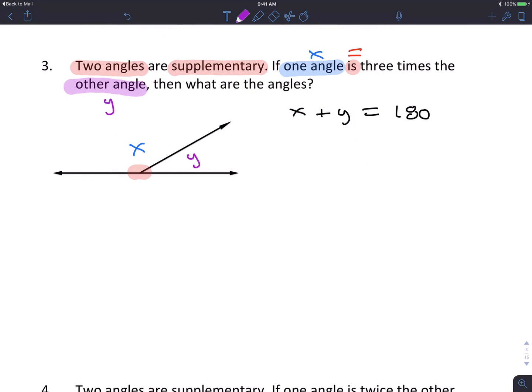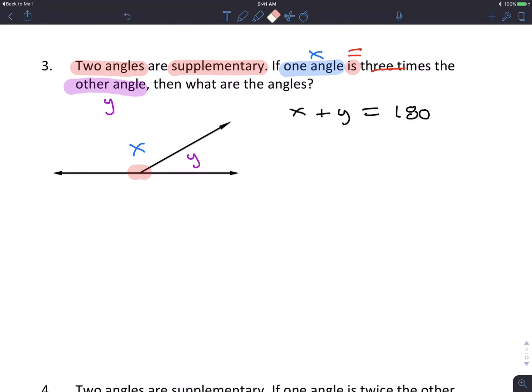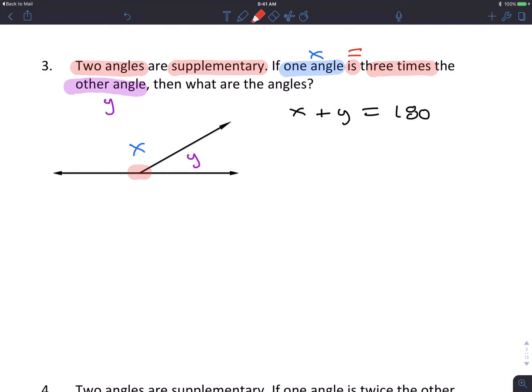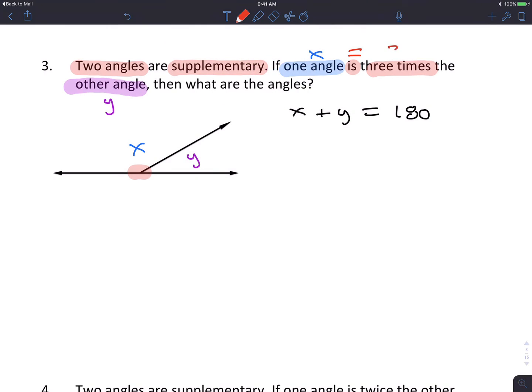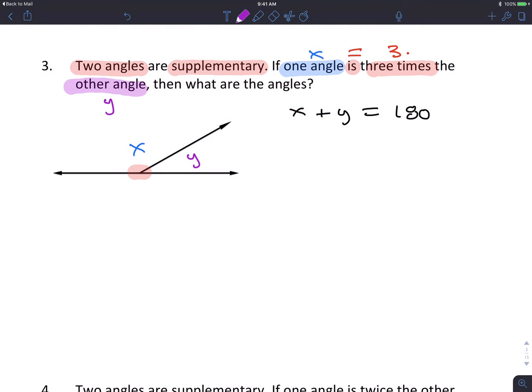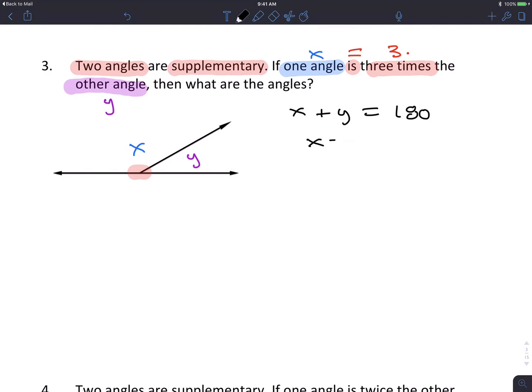And we just have to know what this phrase of 3 times looks like. It's really 3 times the variable that we called y. So altogether, the second equation now is x equals 3 times y, or commonly known as simply 3y.